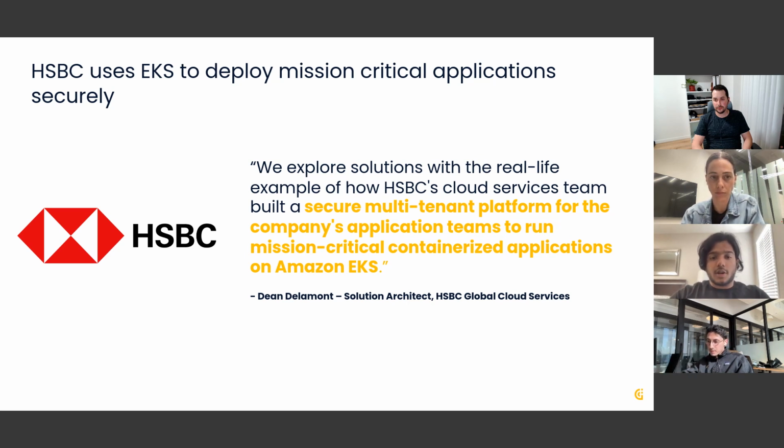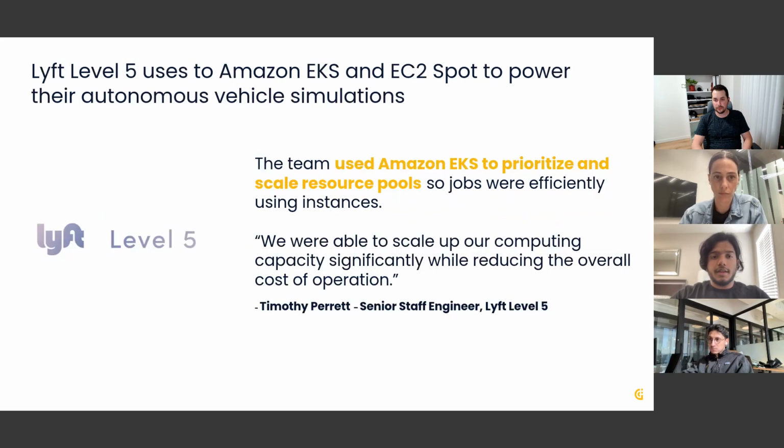And the second case study I want to highlight is Lyft and Level 5, and their autonomous vehicle system that uses petabytes of data gathered from its autonomous vehicle fleet to run millions of compute-intensive simulations each year to improve the performance and safety of its self-driving system. A key point here is that they use EC2 spot instances to boost capacity and lower costs at the same time. This brings me wonderfully into my next point.